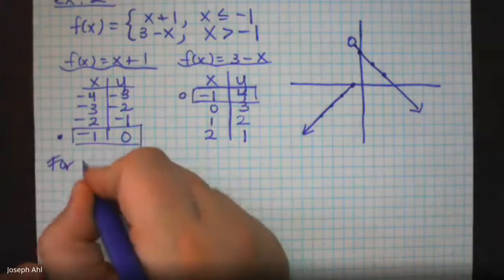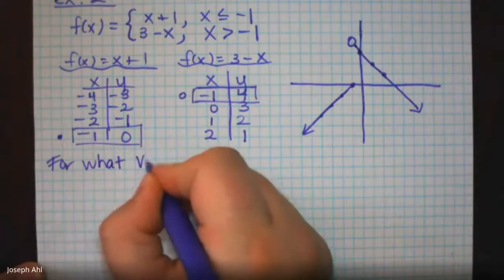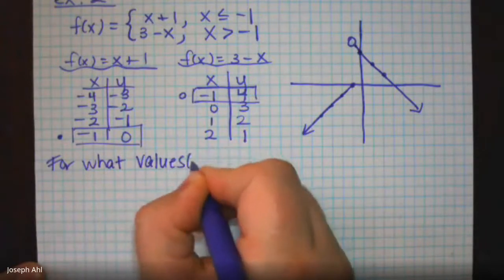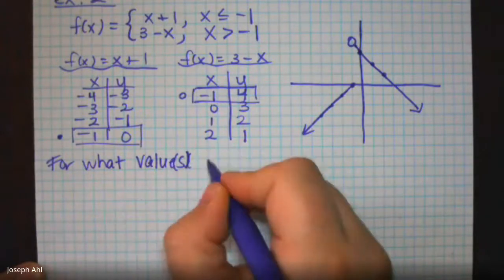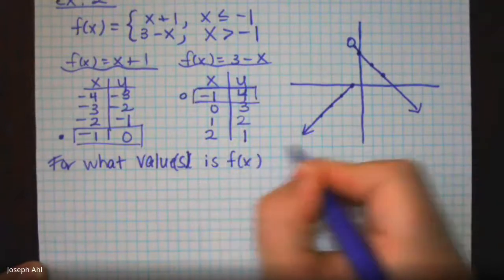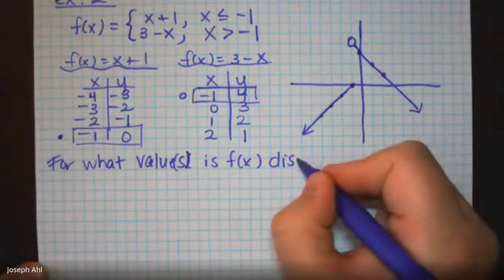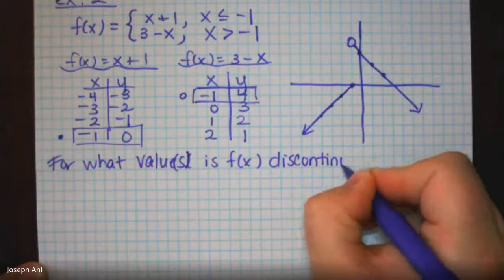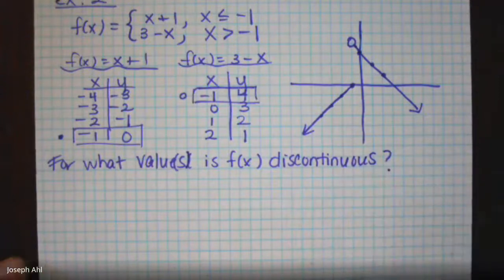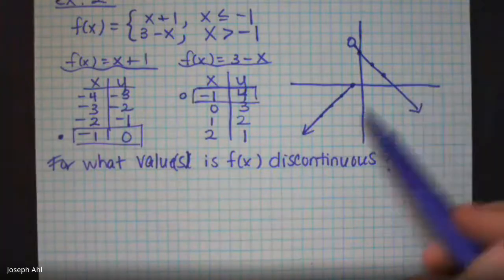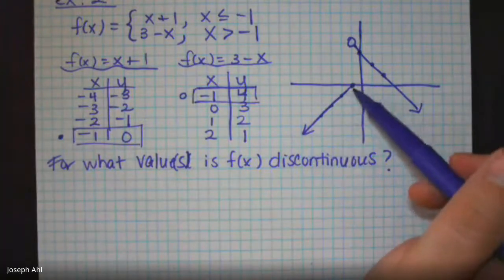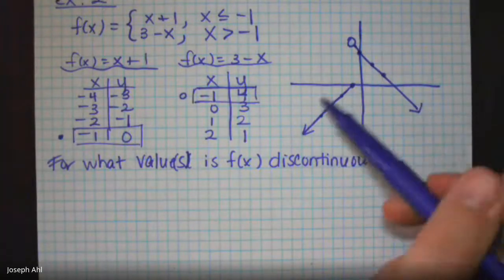So I'm going to ask you a quick question. For what values is f of x discontinuous? Okay, when we think about where graphs are continuous or discontinuous, it's basically, can I draw my graph without picking up my pen or pencil?